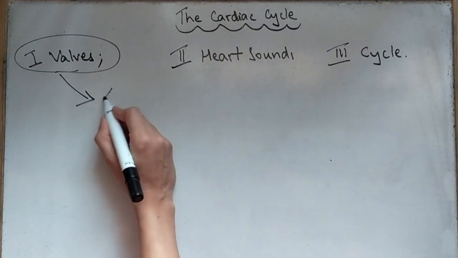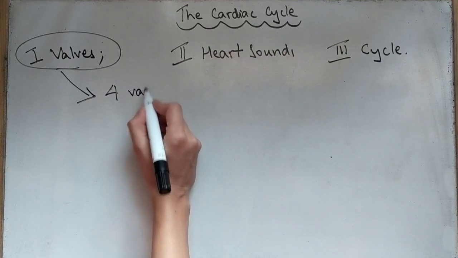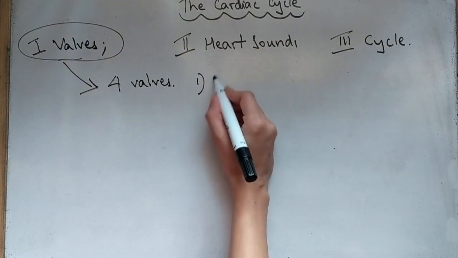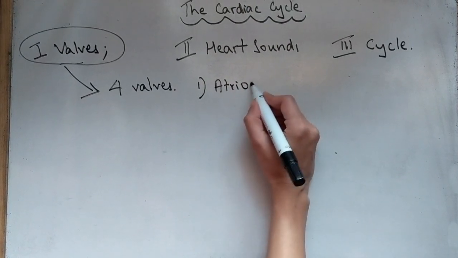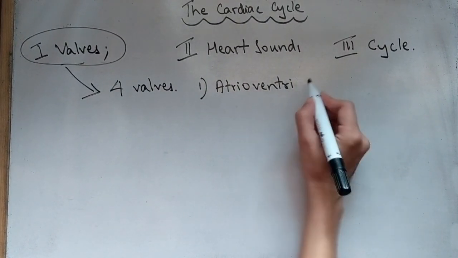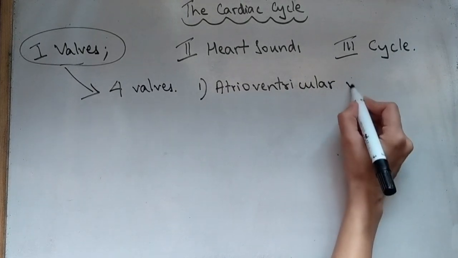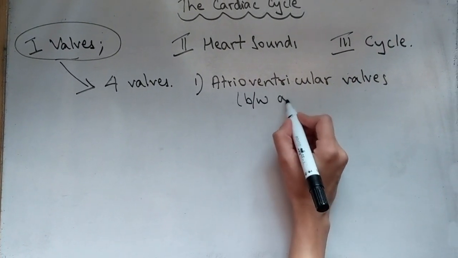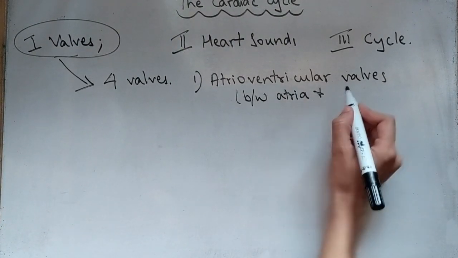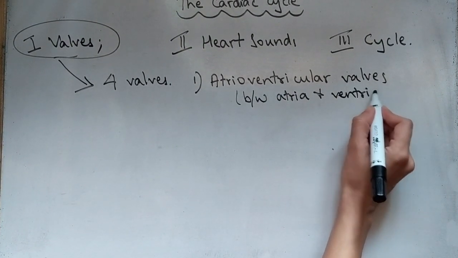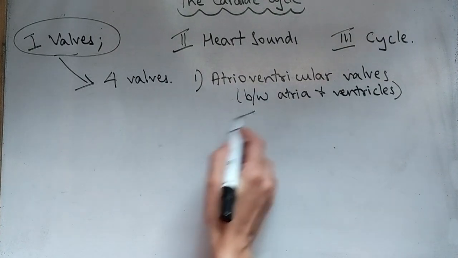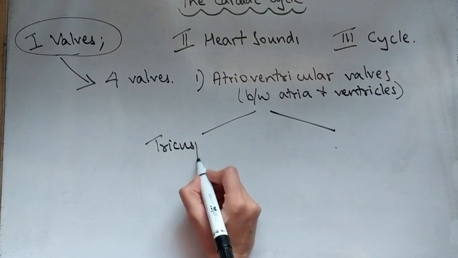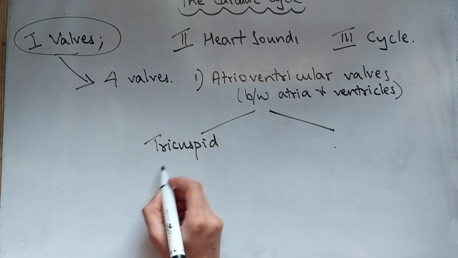Starting with the valves, we've got 4 in total in the heart. So we've got 2 atrioventricular valves, obviously between the atrium and the ventricles, hence the name atrioventricular. The left one is called the bicuspid or the mitral valve, and the right one is called the tricuspid valve.